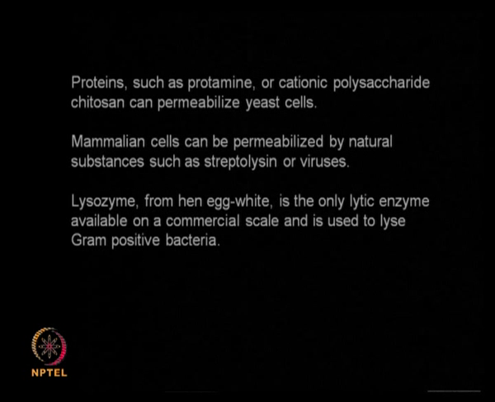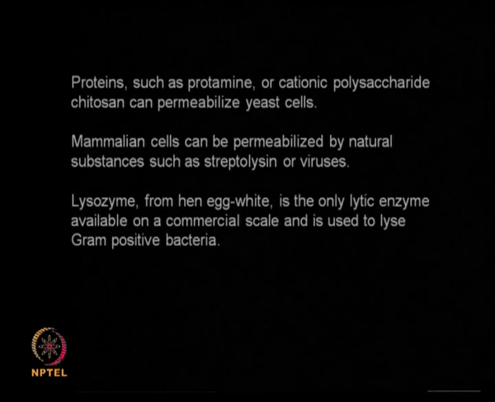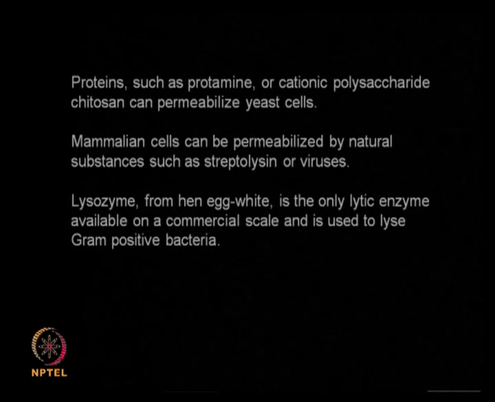We can also use proteins like protamine or cationic polysaccharide, chitosan can permeabilize these cells. If you have mammalian cells, they can be permeabilized using even viruses, very interesting.